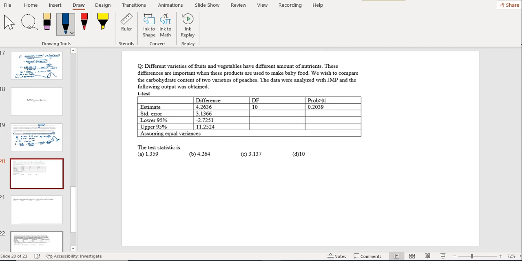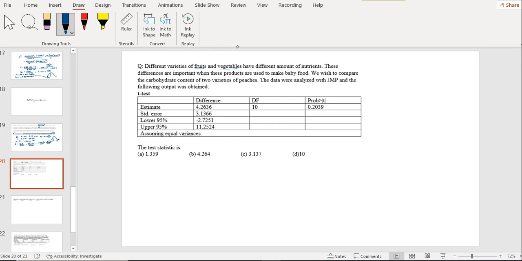Different varieties of fruits and vegetables have different amounts of nutrients. The differences are important when these products are used to make baby food. We wish to compare the carbohydrate content of two varieties of peaches. The data were analyzed with JMP, and basically in this case they have applied a t-test for difference of means, right?